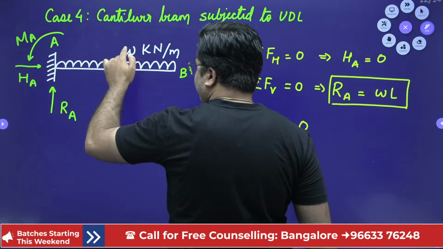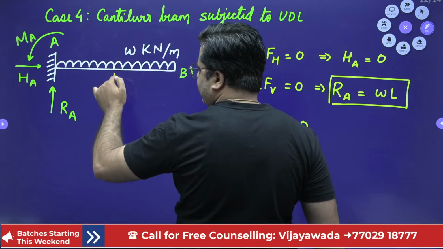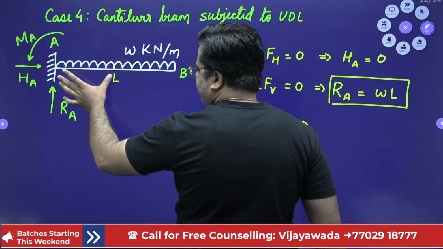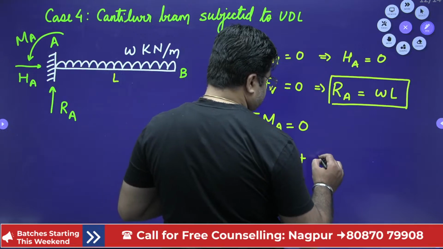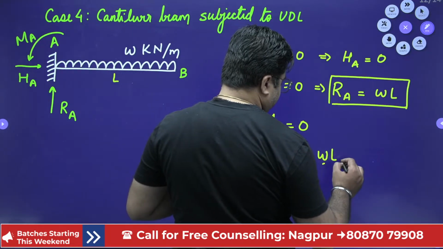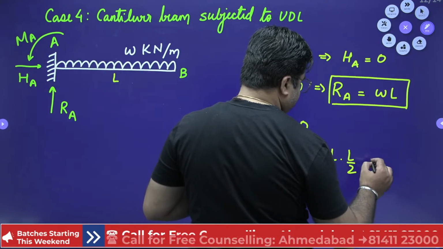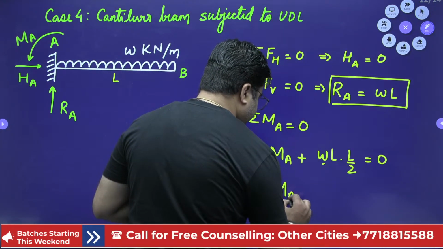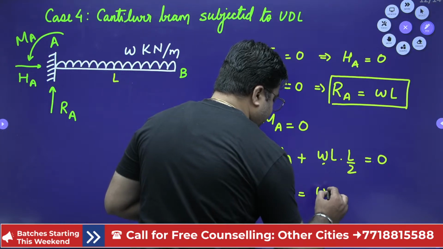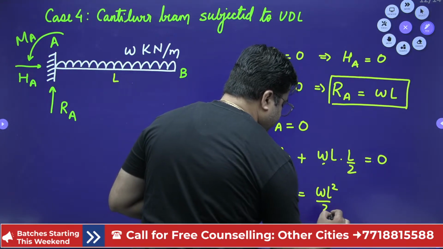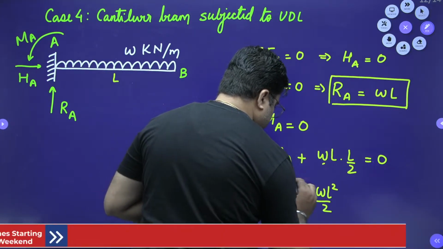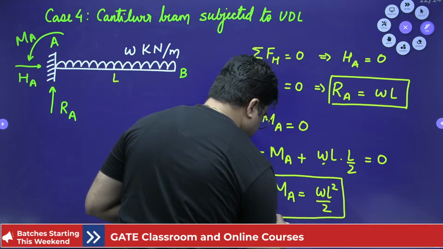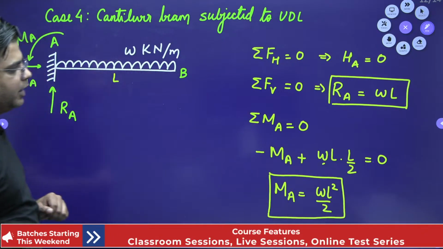So the moment due to this UDL will be the total load W into L multiplied by L by 2, which is the lever arm. So this is WL into L by 2, and this should be equal to 0. So from here the value of MA comes out to be WL square by 2. This is the value of MA, RA and HA.